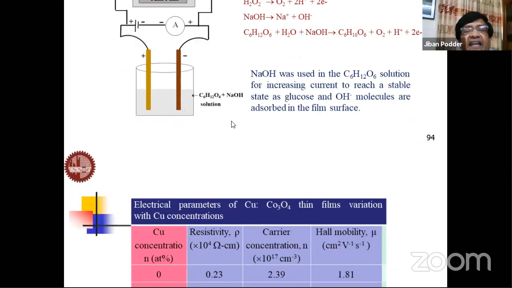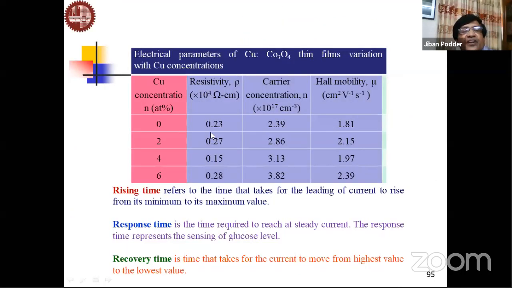We see that the copper concentration increases from 0 to 4 to 6, and then we measured the resistivity. At 4% we observe that a low concentration is always better, because at high concentration there is formation of alloying and more complex reactions. So at 4% we got the better result.